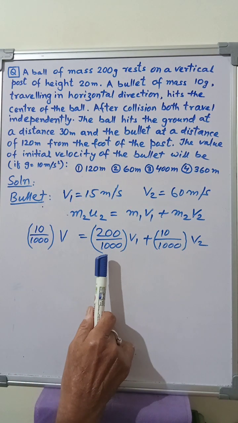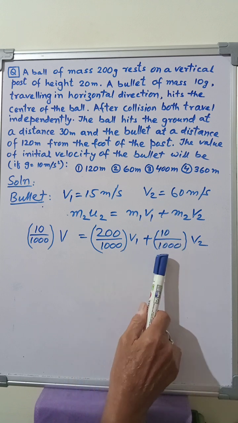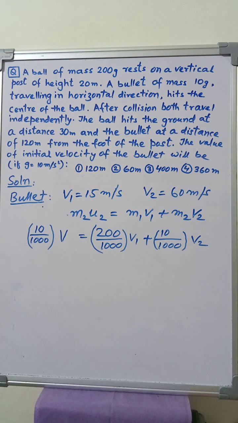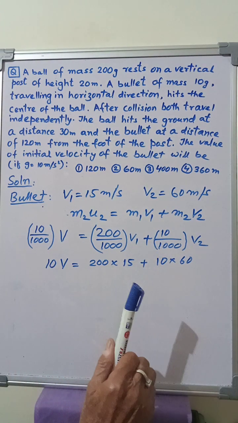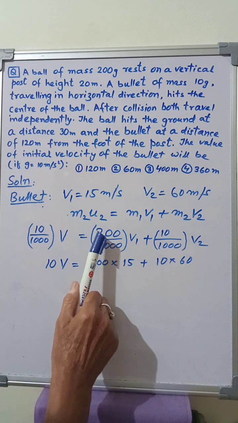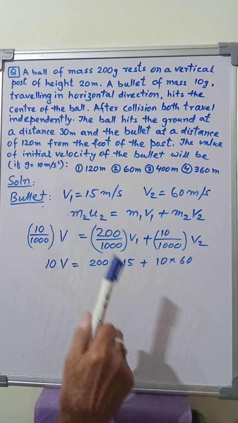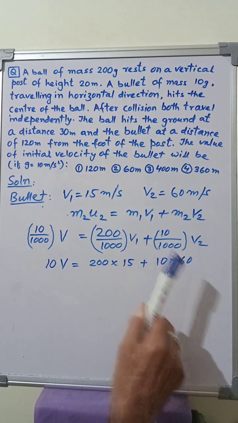Therefore, 200 divided by 1000 into v1 plus 10 divided by 1000 into v2. Now, cancelling 1000, which is the denominator for the entire equation, we get 10V is equal to 200 into v1, v1 is 15, plus 10 into v2, v2 is 60.